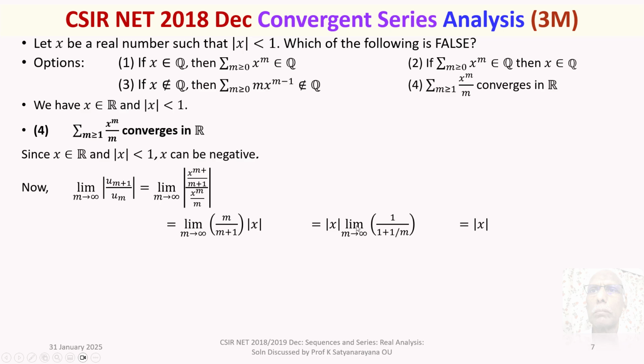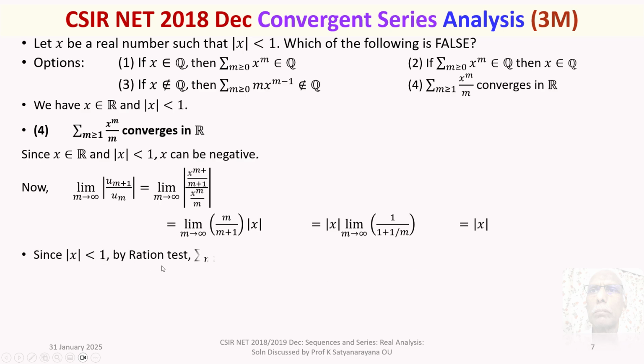So mod x times the limit as m tends to infinity of 1 by 1 plus 1 by m. As m tends to infinity, 1 by m tends to 0, so the limit is 1. So you get mod x. But we are given mod x less than 1.